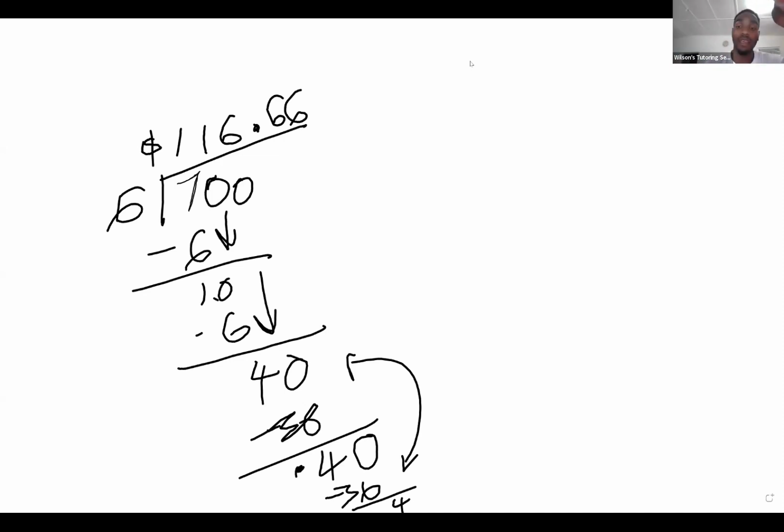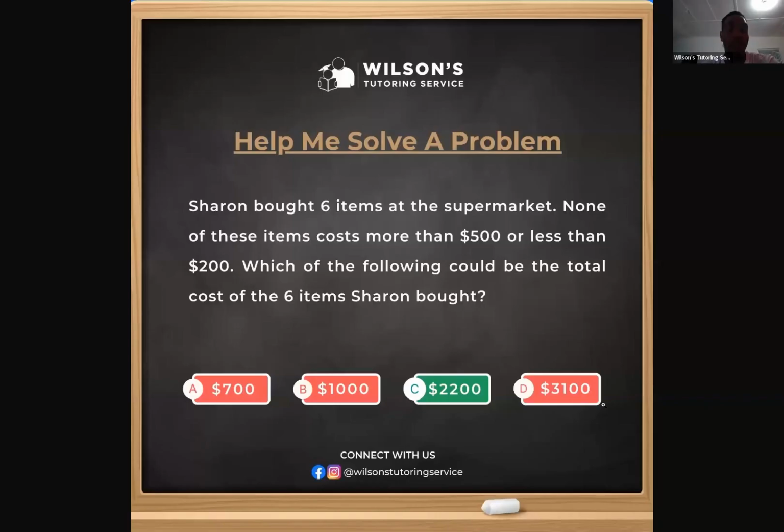So would you say that $116.66 is less than 200, or is it more than 200? Is that less than 200?